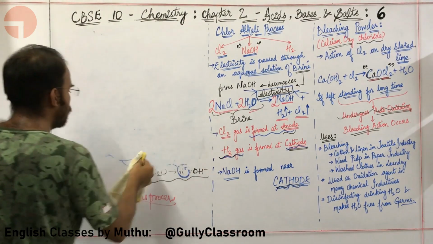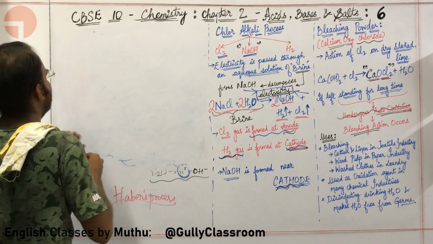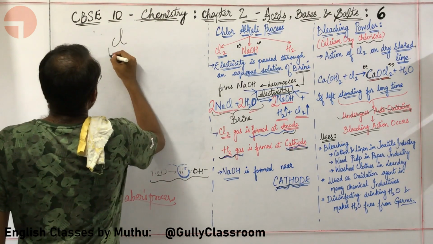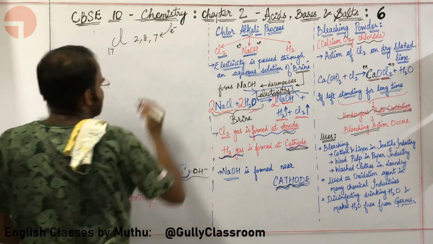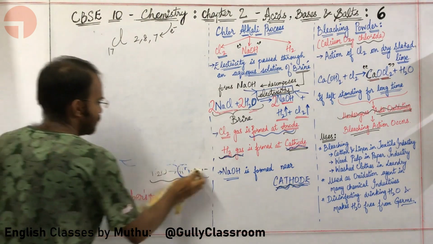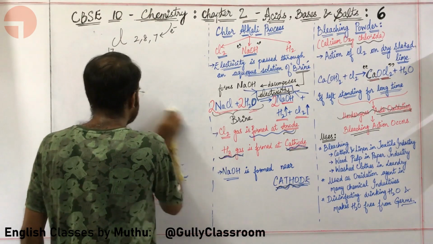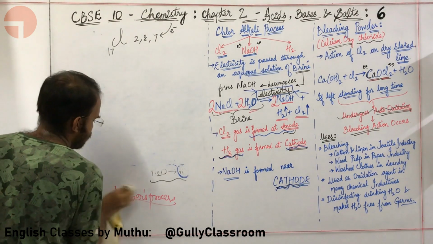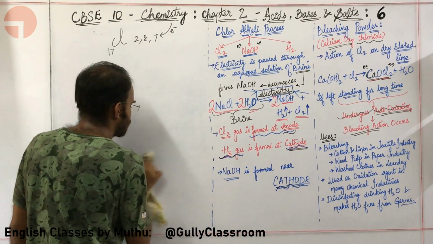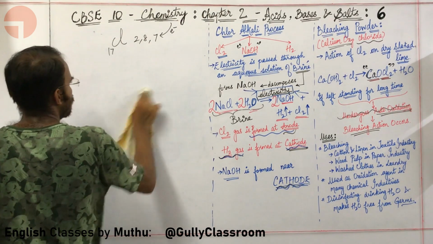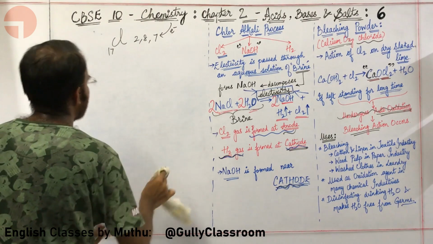I do remember this. Chlorine 17, 2, 8, 7. So it will steal one electron from some place. Chlorine has the tendency to steal one electron in order to form the argon, noble gas configuration.